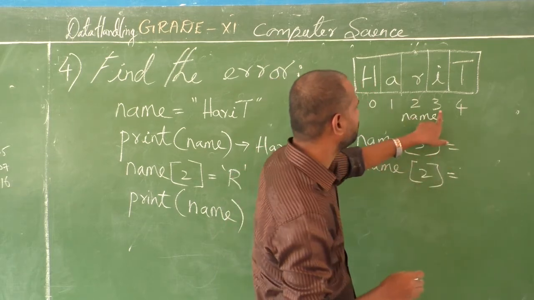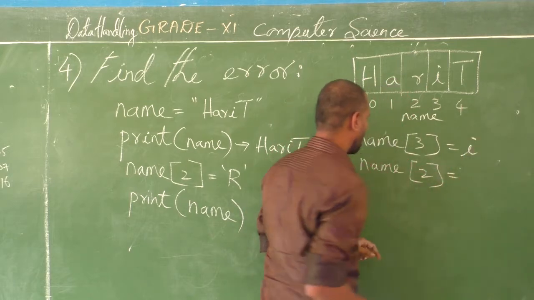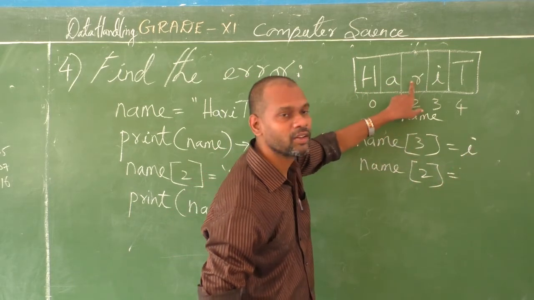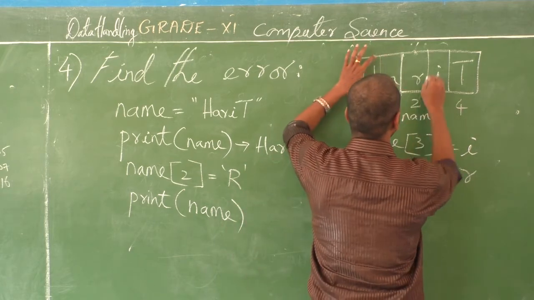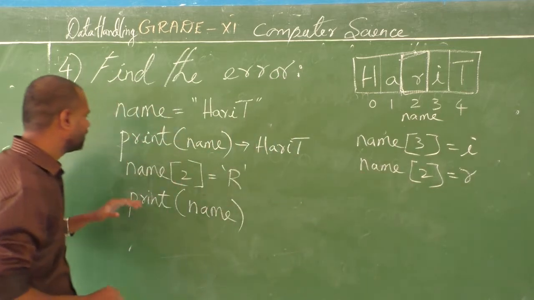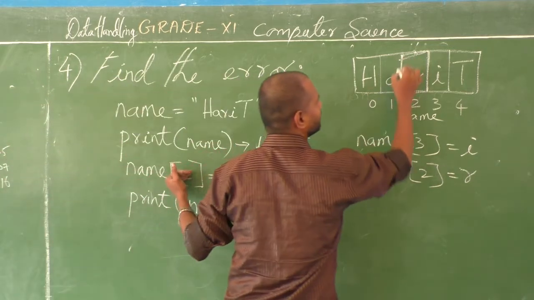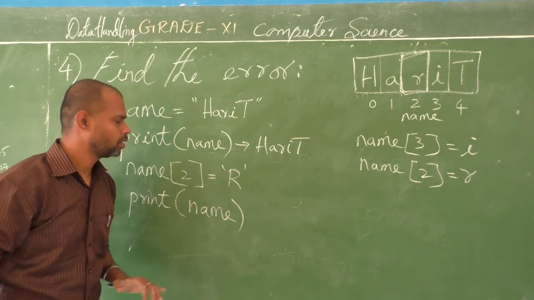Name array of 3 is nothing but I. And name array of 2 is nothing but small r. That means this place is called name array of 2. Okay? Fine. So listen. Name array of 2, that means this place is equal to capital R.